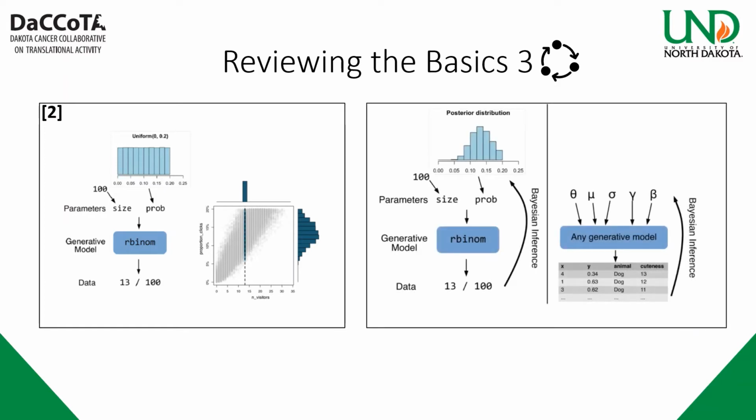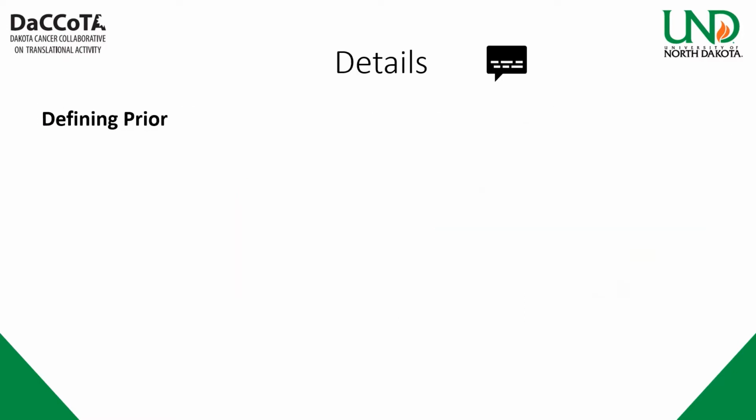And if you continually iterate through, you can get a good understanding of your posterior distribution. And more broadly, essentially you have parameters that you plug into a model and work on data with, and you just do this over and over again, and that is Bayesian inference. So that's one way of looking at it.